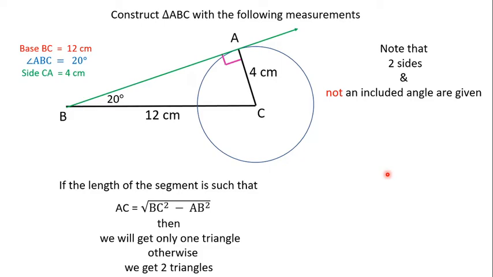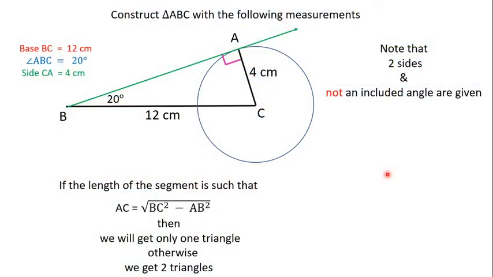So what I mean to say is, if two sides and not an included angle are given, then also there is a possibility of getting a unique triangle. But if two sides and an included angle are given, we are very sure that we are going to get one and only one triangle, and that is a unique triangle.